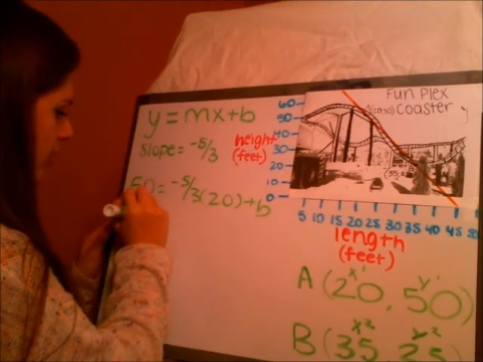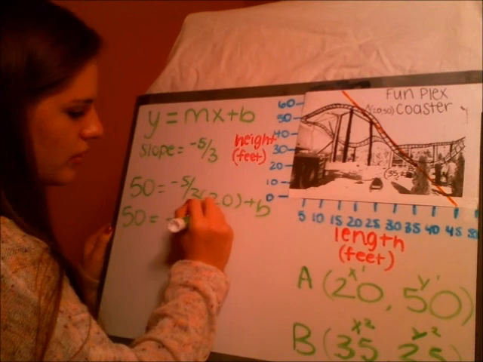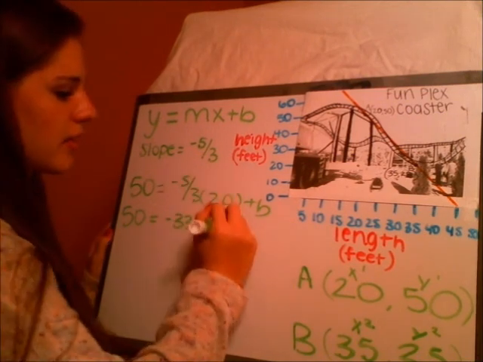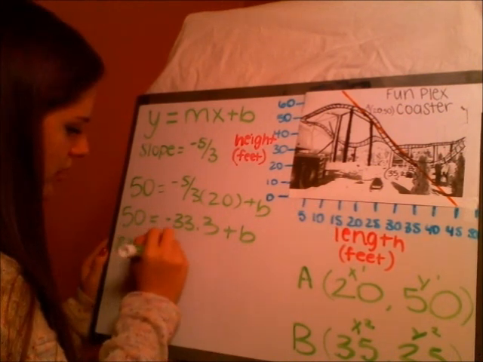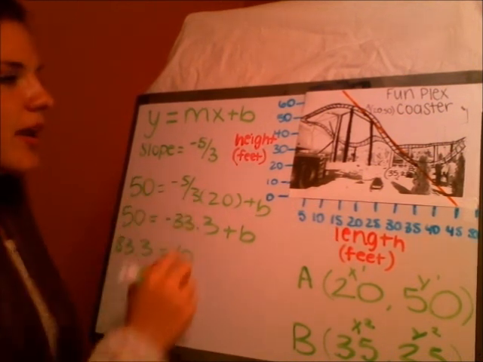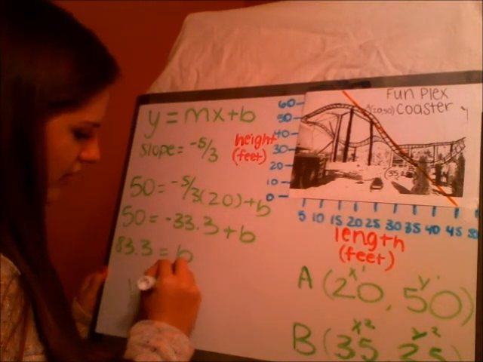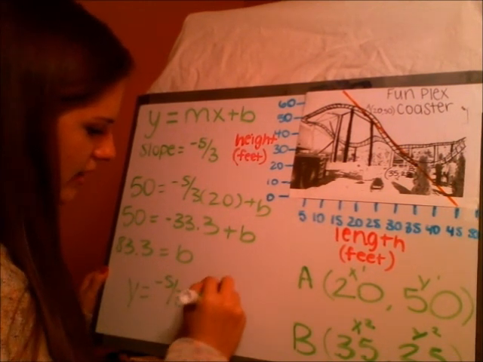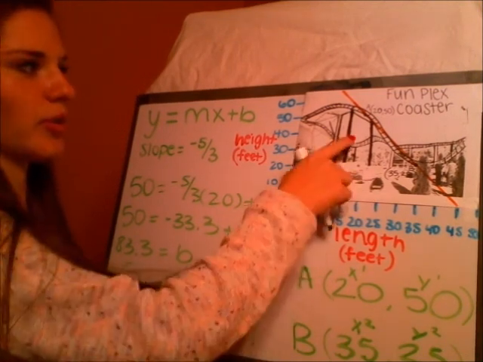So that would be 50 equals approximately negative 33.3, rounded to the nearest tenth, plus b. Add this over and you get 83.3 equals b. So now that you have everything for your equation, you plug it in to get y equals negative 5 thirds x plus 83.3. And this is the equation for the Funplex roller coaster slope.